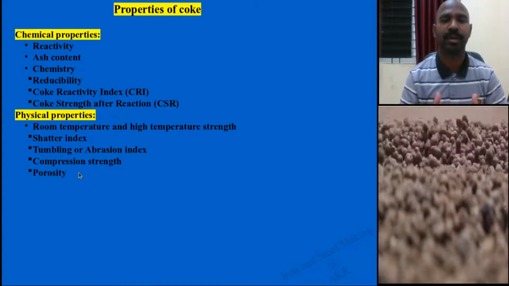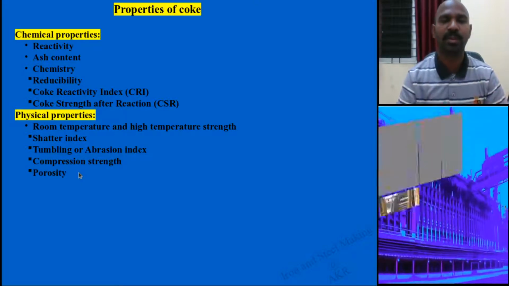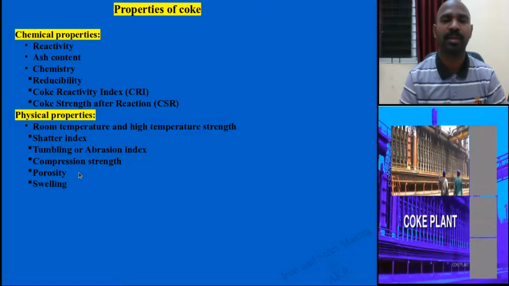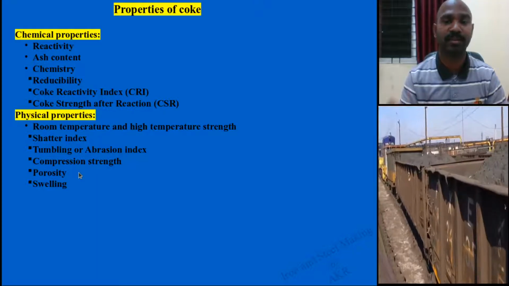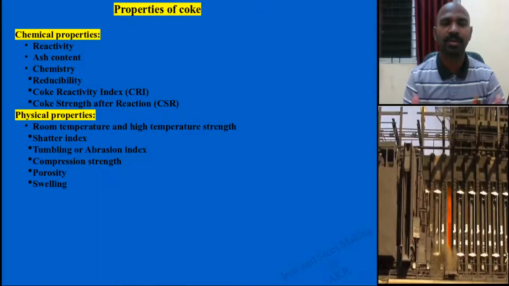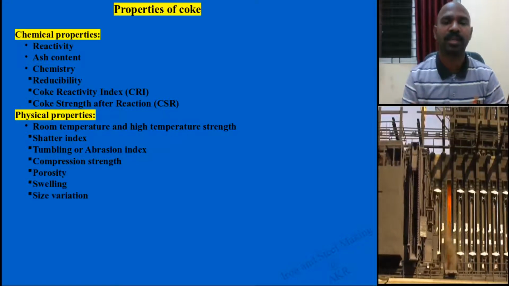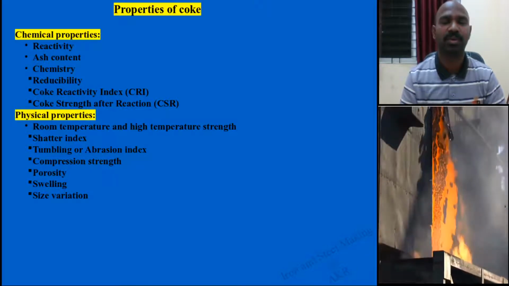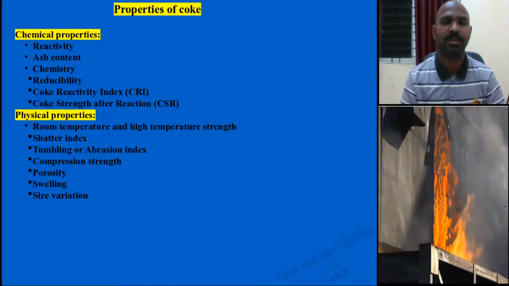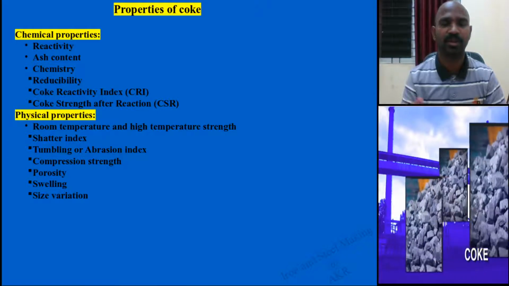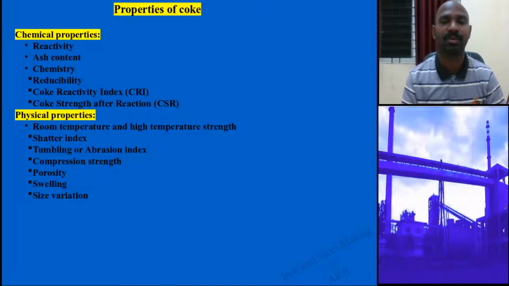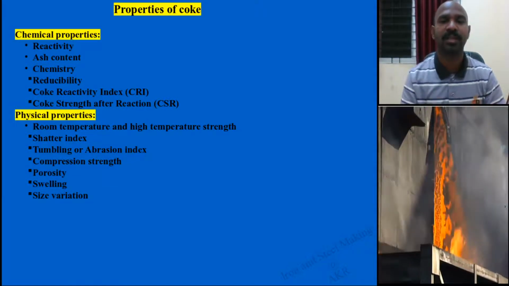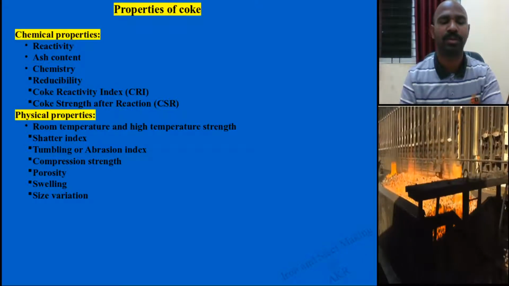Now other properties: porosity, what is the porosity value, and what is the swelling action at lower temperature and higher temperature, what is the size variation, volume, coke particle size variation. All these things one needs to have a clear idea about, these physical and chemical properties of coke.